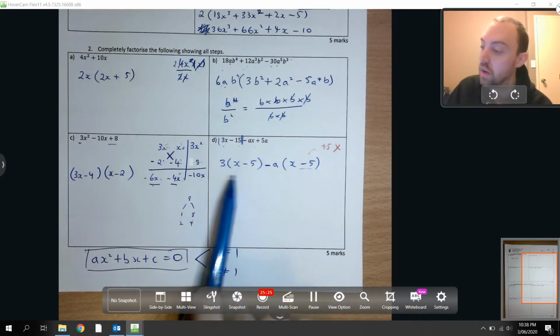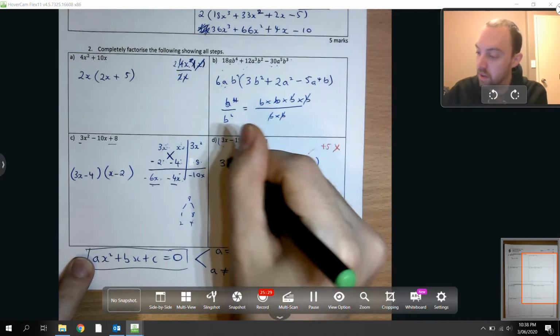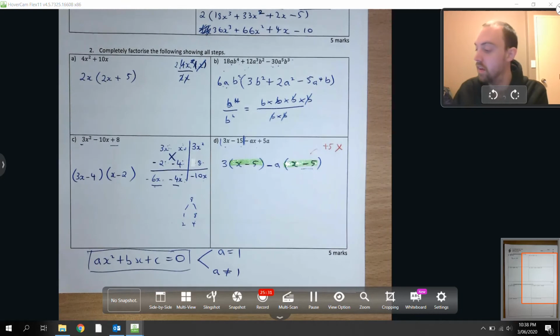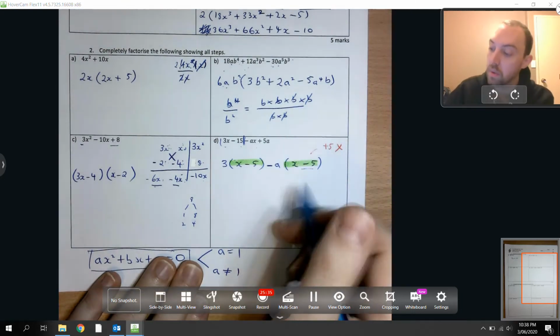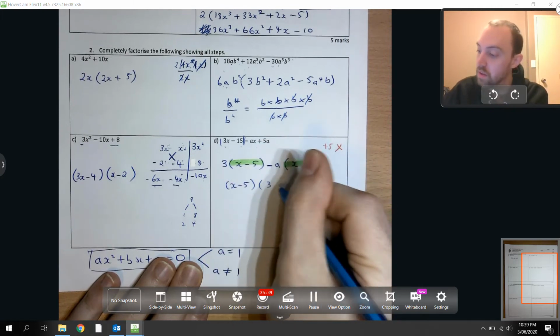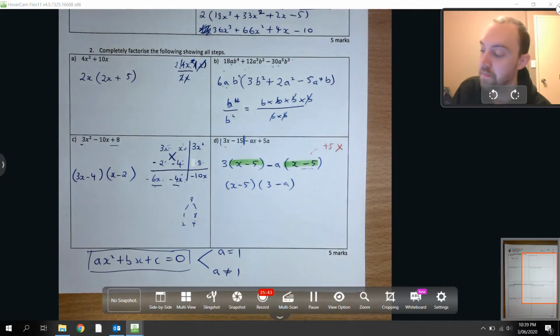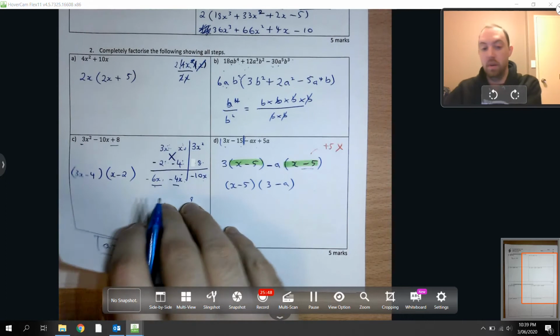So, same situation as the previous example. X take 5 is common to both of these. So I'm going to take that out as a common factor, bring it out the front, leaving me just 3, take a on the other side. Okay, that is page 1.